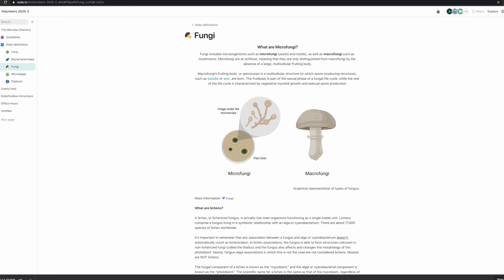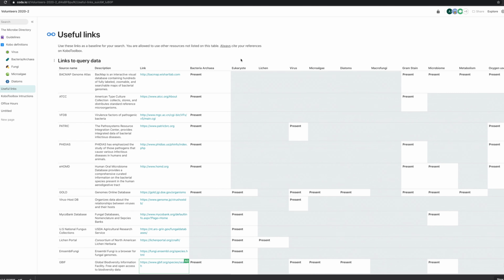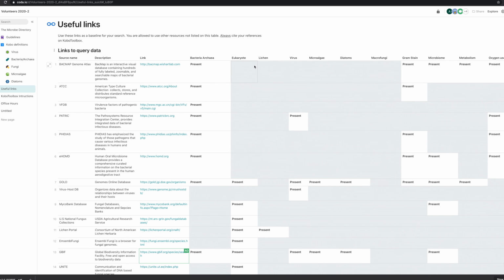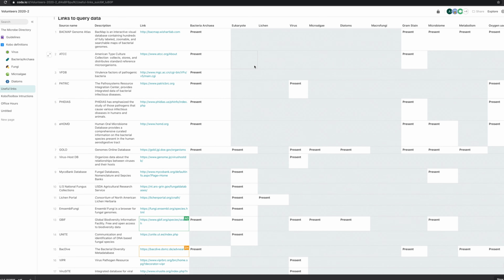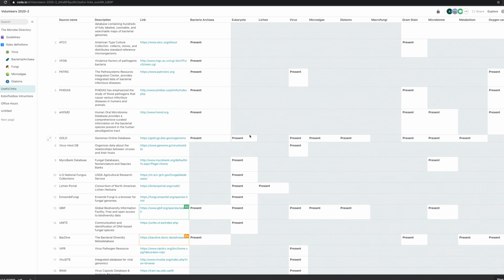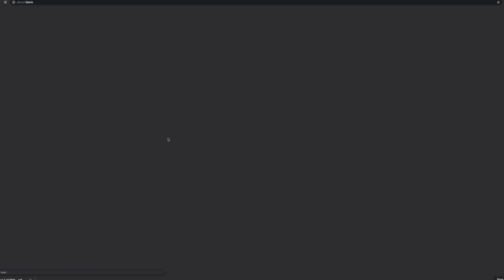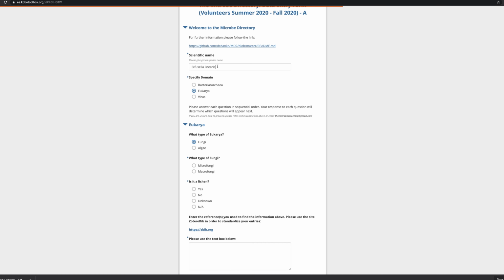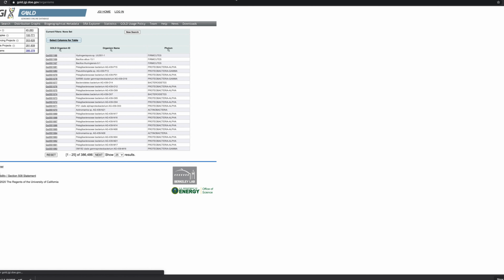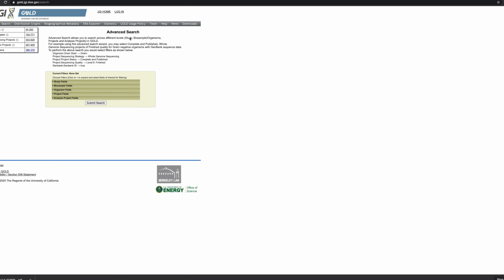So what we're gonna do is go to the useful links right here on the Coda doc, and we're gonna see which references appear for eukaryotes. So we have the first one, which is a Genomes Online database. Let's see what this tells us about our species. We're gonna copy again our species name and paste it on the database.